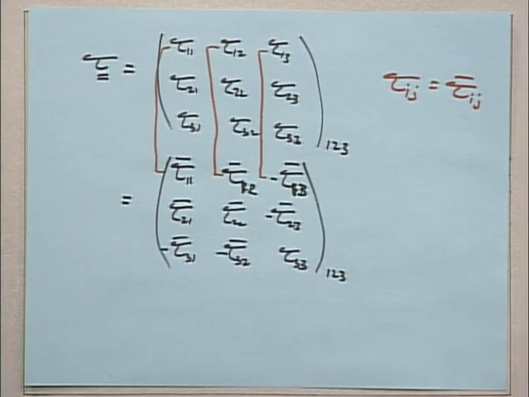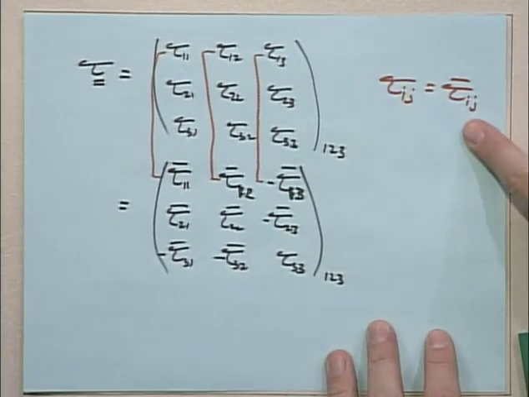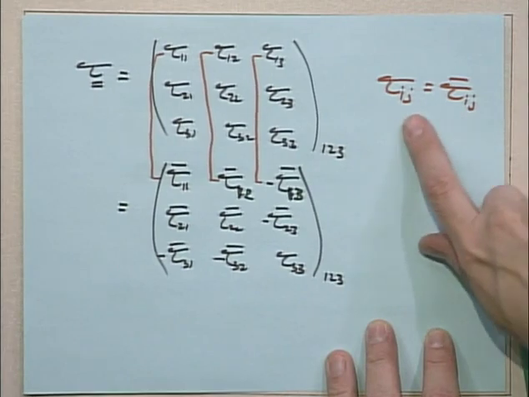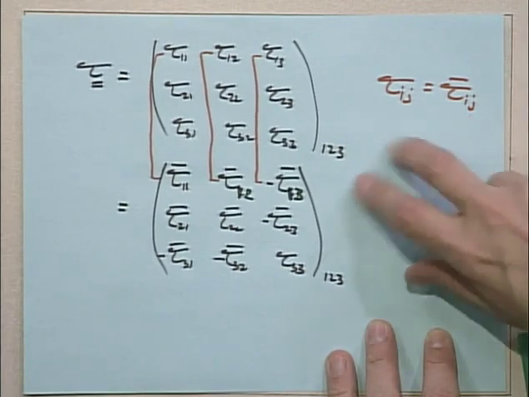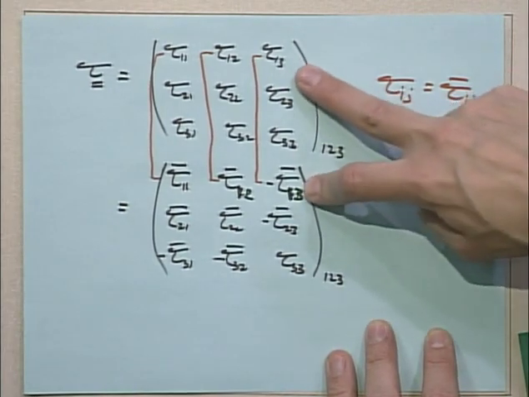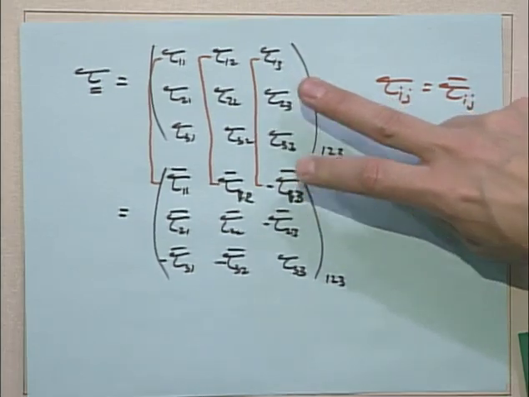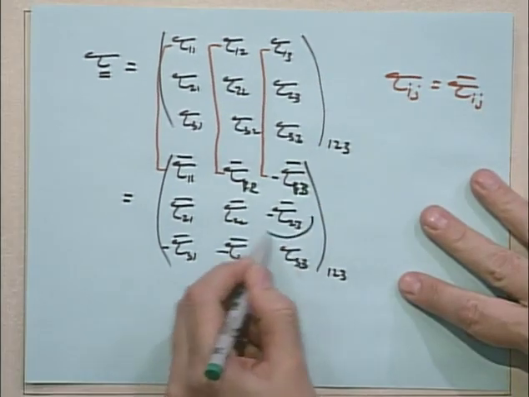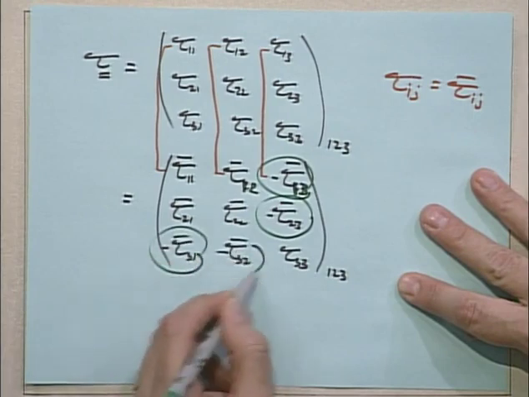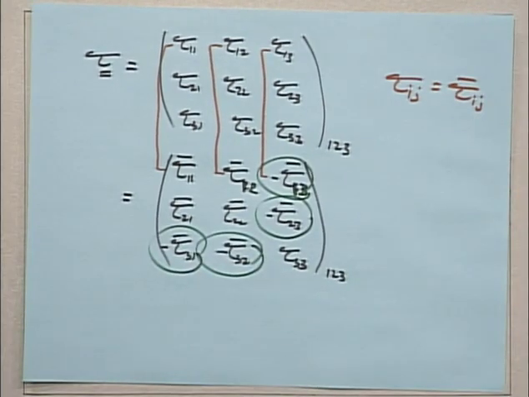Yeah. But no, it matters because what I know here is that the stress components are equal when they have the same subscripts. So these are meant to be equal, but here it says it's equal to its negative. The only number that's equal to its negative is 0. Okay? So everywhere these minus signs appear, I can prove by symmetry that those components must be 0.